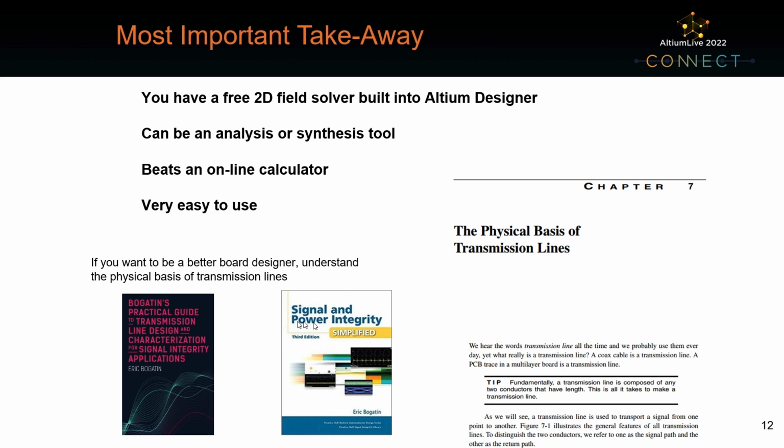And then the second reference is my textbook on signal and power integrity simplified, and there's a chapter 7 in there that's all about building up your engineering intuition about how the cross-section information influences characteristic impedance, how we think about characteristic impedance, how we think about the signal return paths in a signal propagating down a transmission line, and what that idea of characteristic impedance means.